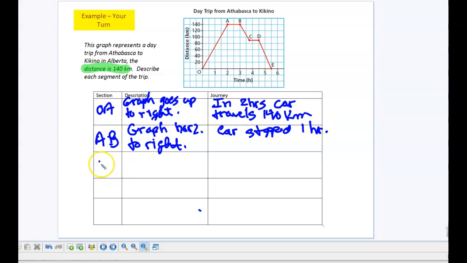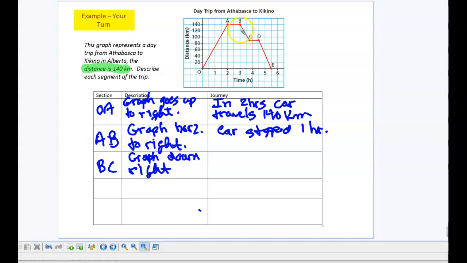In segment BC, the graph is down and to the right. And so that means as time increases, the distance to Athabasca also decreases.